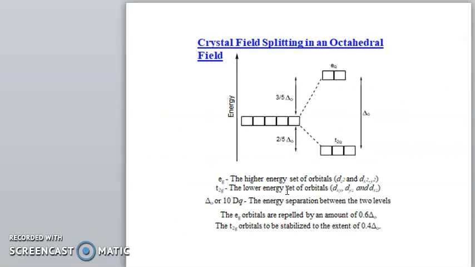Now we are going to see the next part, that is the crystal field splitting in an octahedral field.